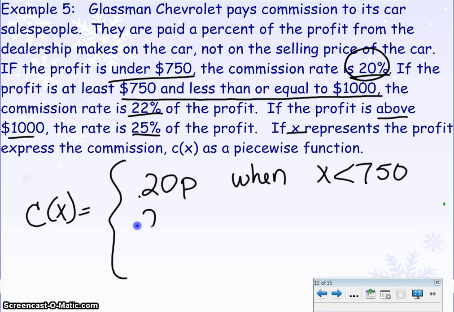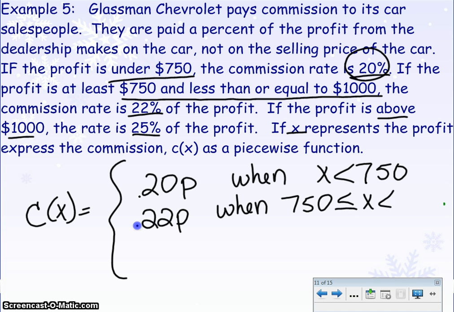It's 22% times the profit when it is $750 at least, and up to but not including $1,000.